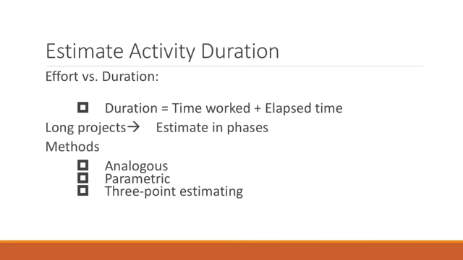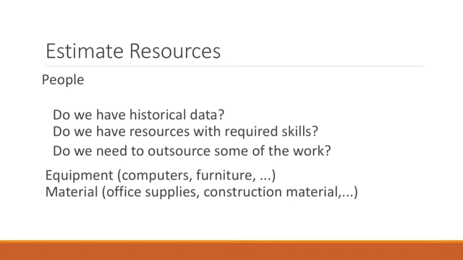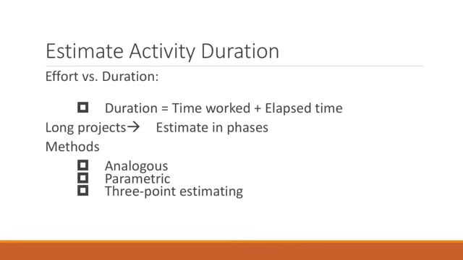The next step, once we have all the resources, is how do we estimate the duration of the activities? You can see that there's going to be a synergy between these two points, the resources and the time that it's going to take.